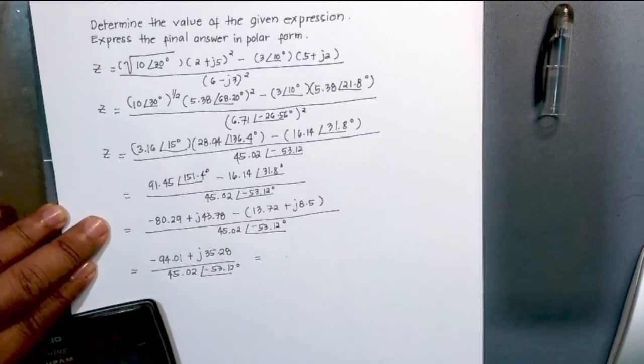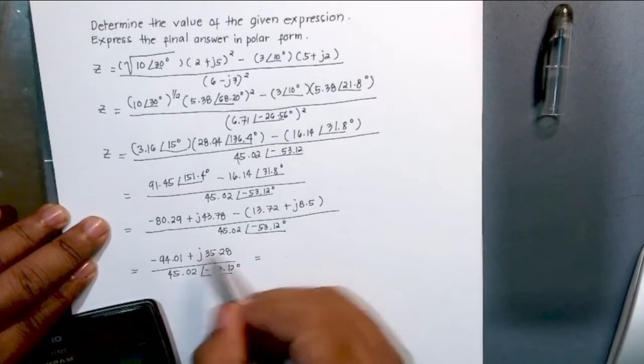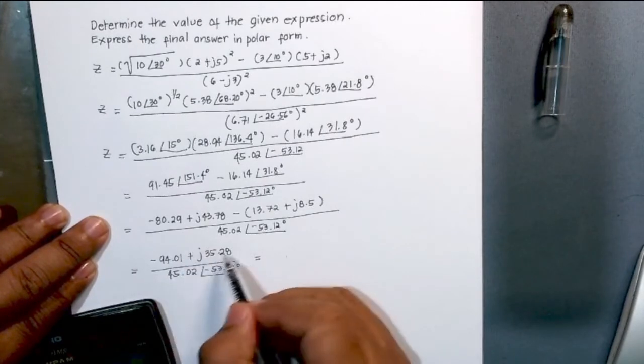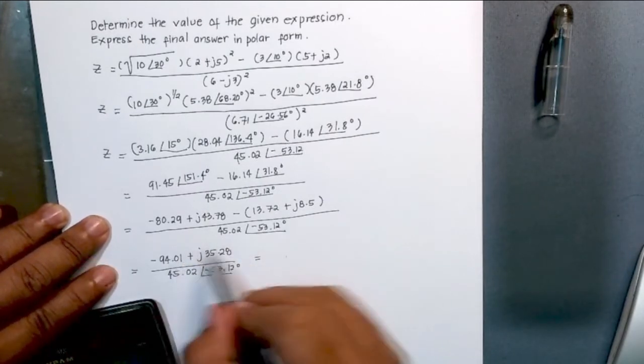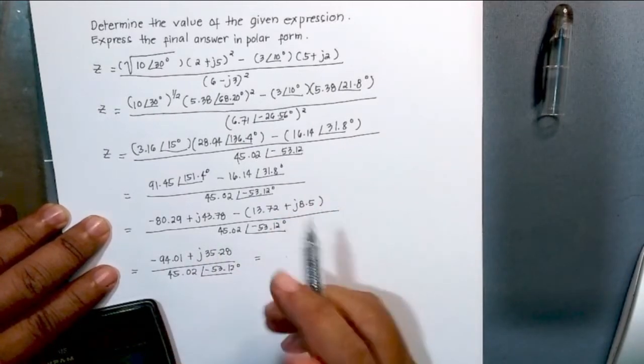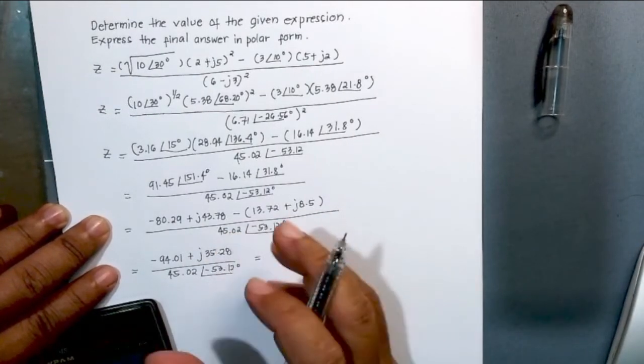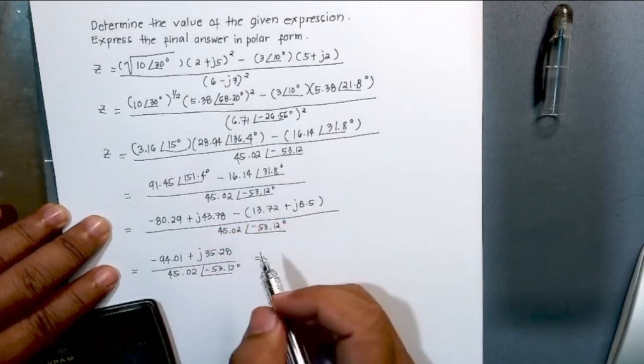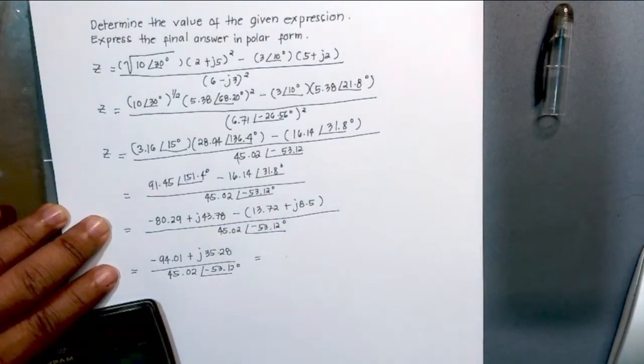So that is now, to be able to apply division, we again have the numerator transformed to polar. So that is negative 94.01 comma 35.28.